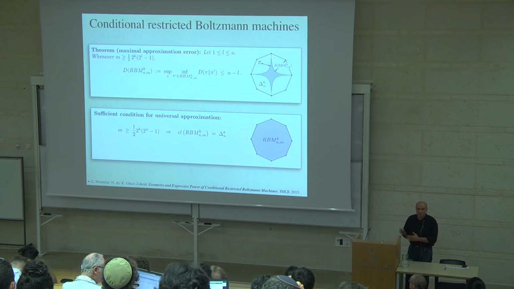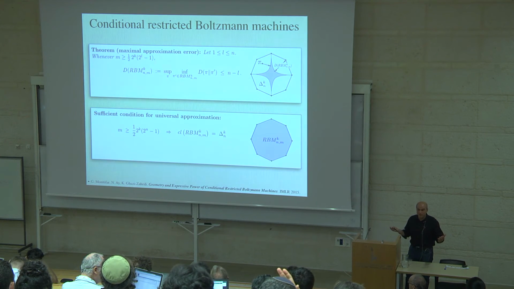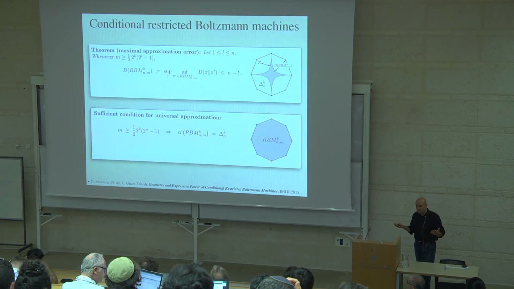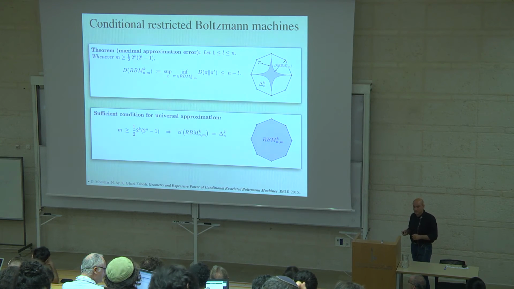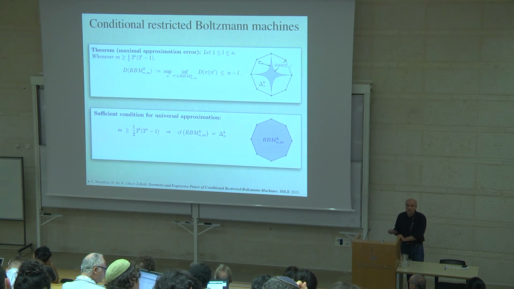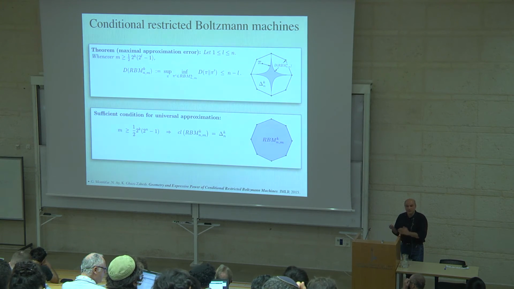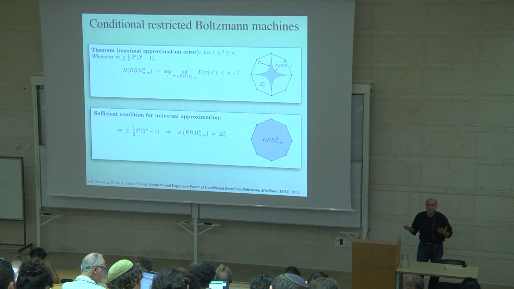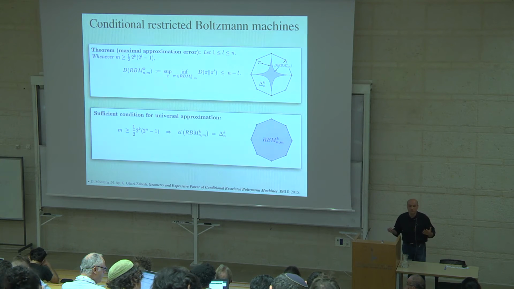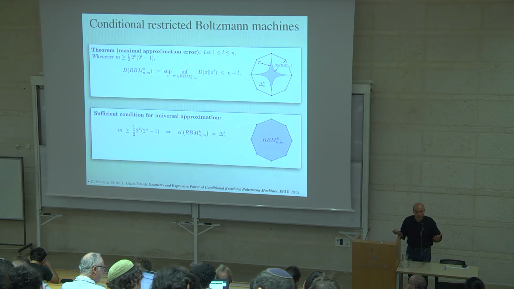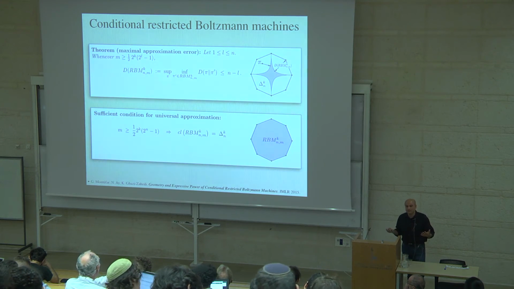But the bad side of it is that you need exponentially many of them, and that's a big problem in this universal approximation business. But the question is, do we need that many hidden elements? And the answer I'm proposing here is that in the context of embodied systems, we don't need that exponential number of hidden elements.